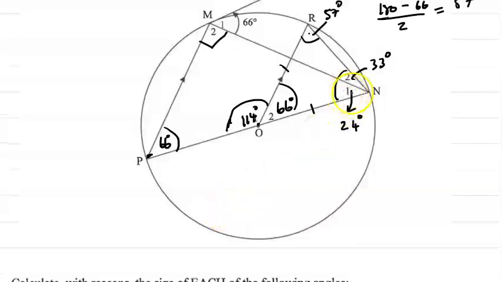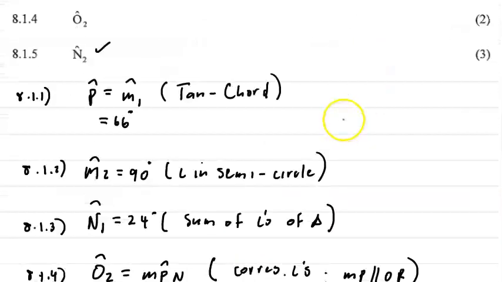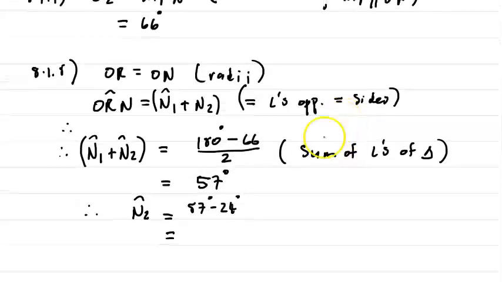So we're just basically subtracting N1, right? And what are we going to get? N2 is going to be 33 degrees. And there you go. That is our solution for all our questions.